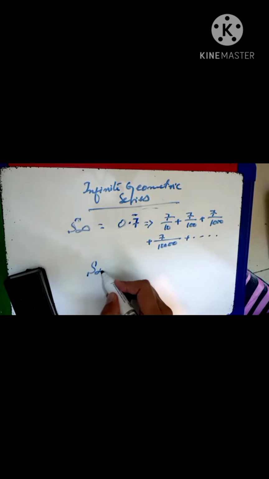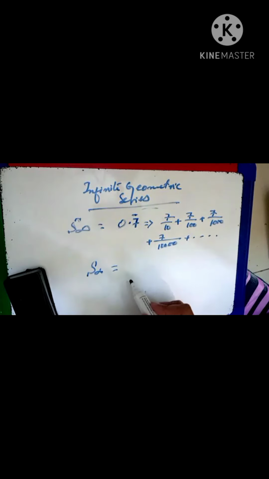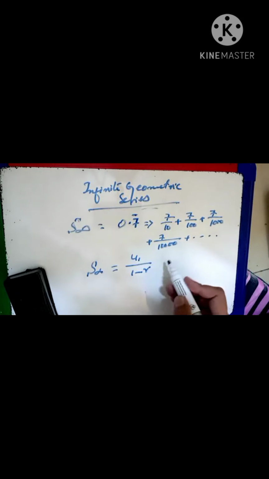Some people in the junior classes learn how to find the recurring number as a fraction. But we are now using the geometric sequence to find this recurring number as a fraction. If I teach this in the junior classes, it will pass over their heads, but here we use this because you know how to find the sum of the sequence.